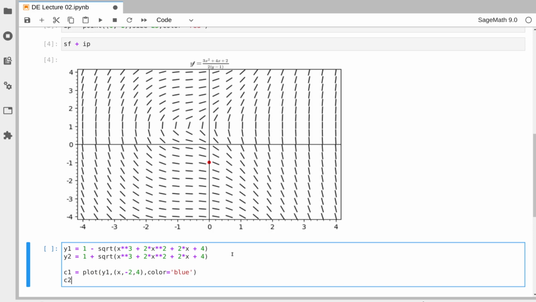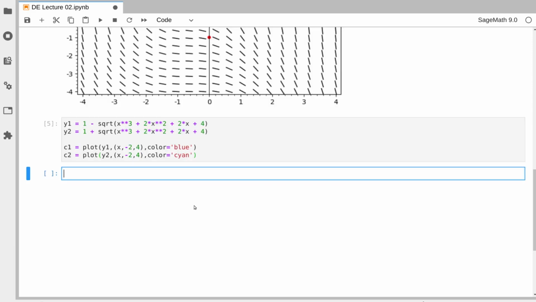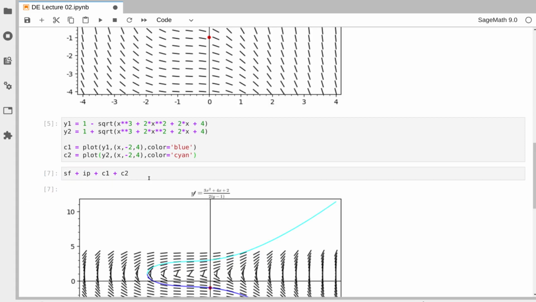And then for C2, we're going to plot our curve y2 on the same domain, x from negative 2 to 4. I'll make that a lighter shade of blue. Now I want to look at everything together: our slope field, our initial point, our first curve, and our second curve.